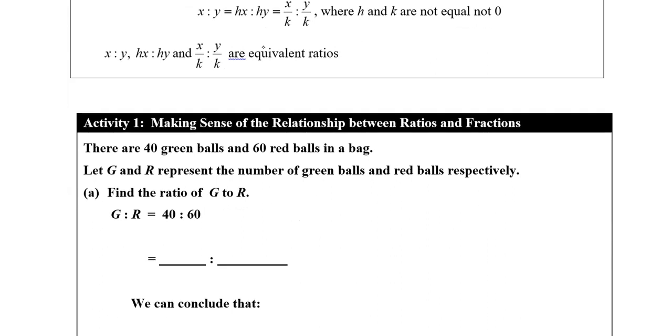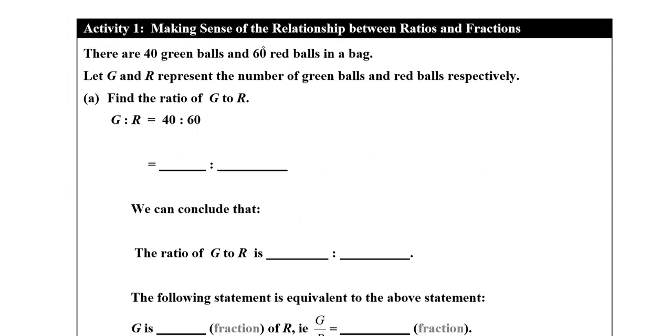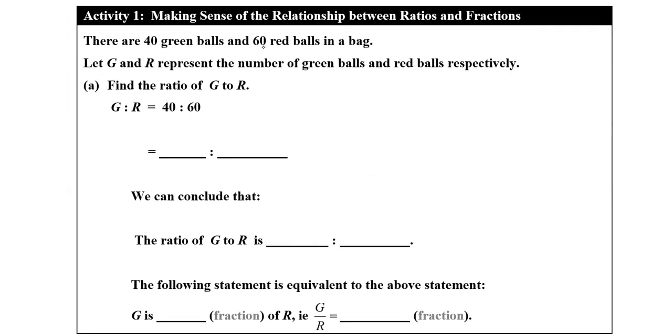Let's look at Activity 1, making sense of the relationship between ratios and fractions. There are 40 green balls and 60 red balls in the bag. Let G and R represent the number of green balls and red balls respectively. Find the ratio of G is to R. If we just take the values given, 40 is to 60, but when we express our answer as a ratio, we always have to simplify.